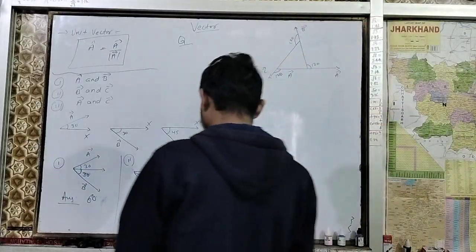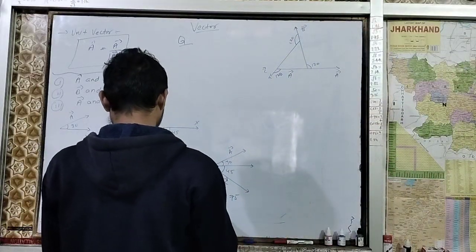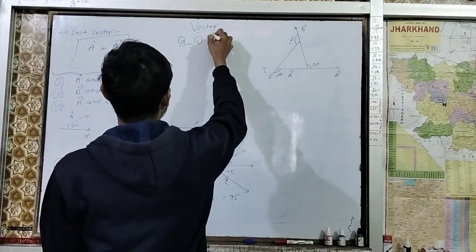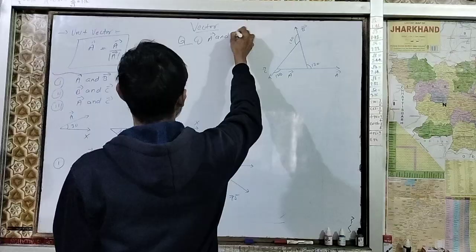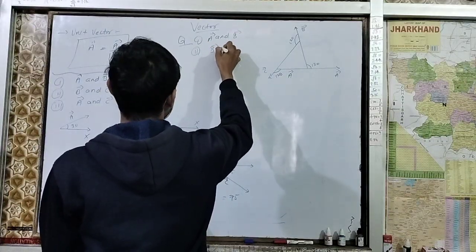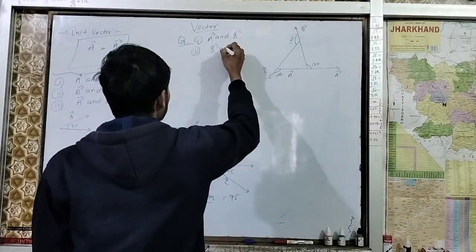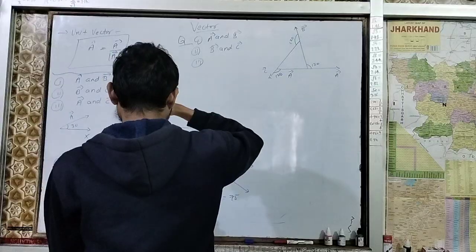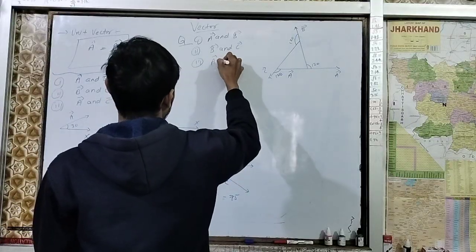Angle between A and B vector. B and C vector. A and C vector.